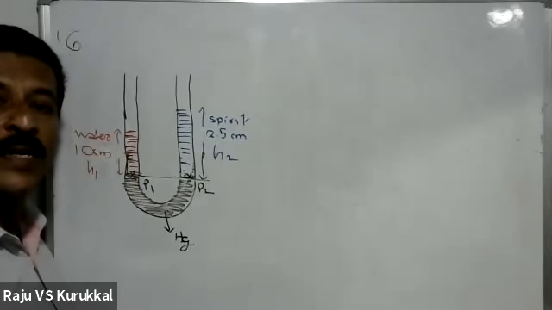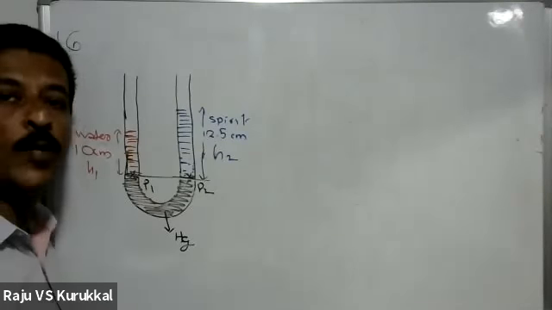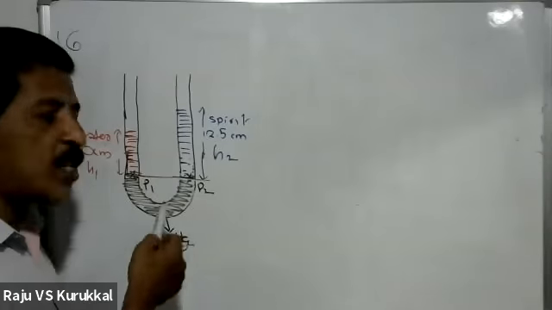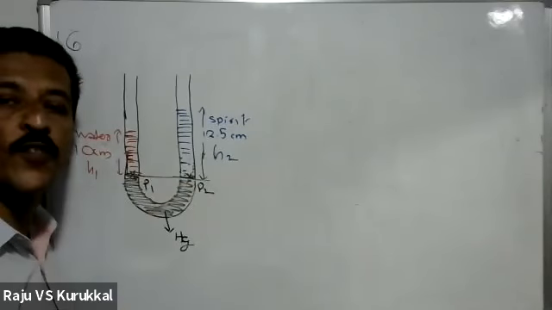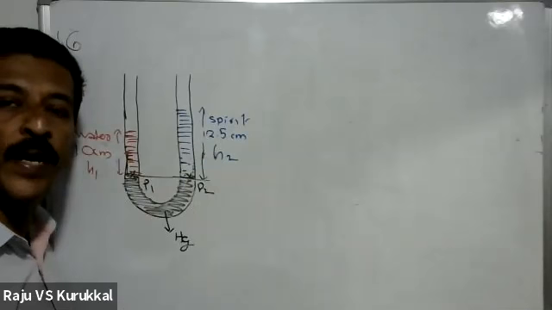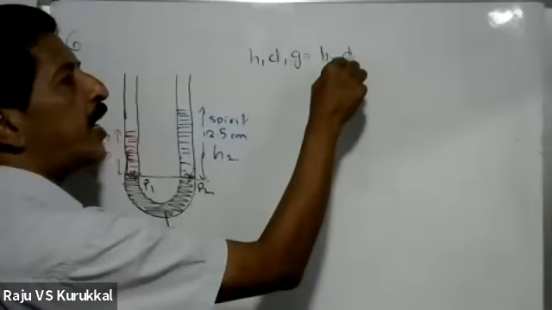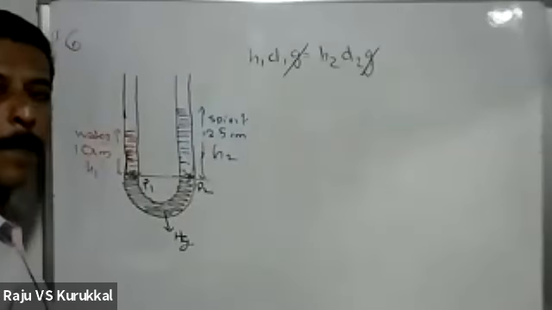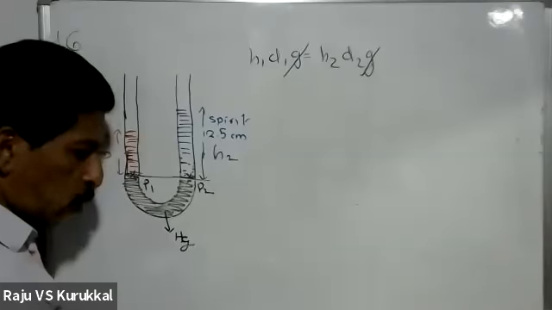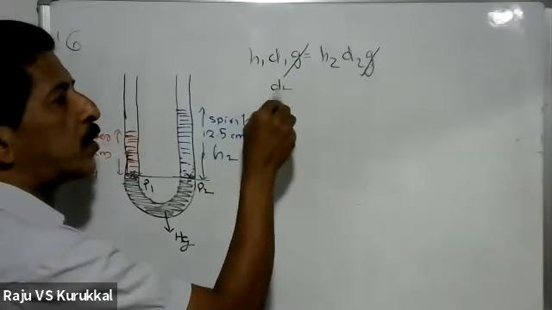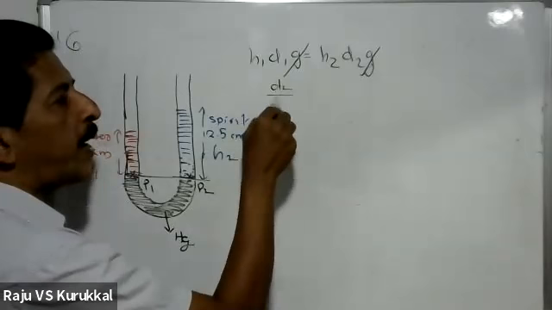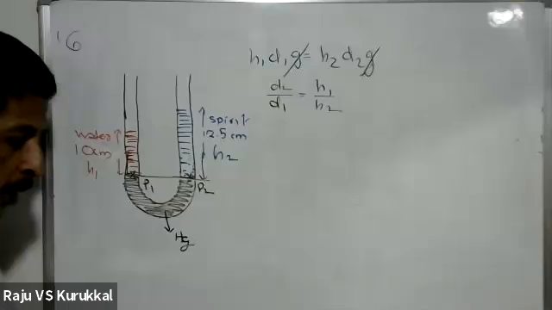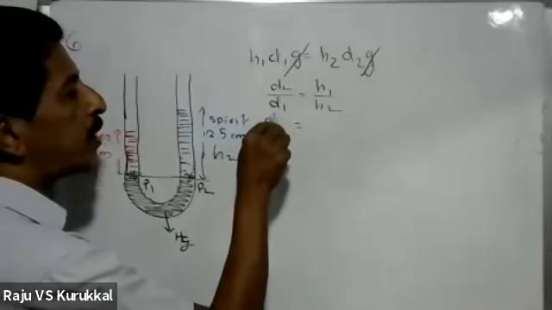H1 into density of the water column D1 into gravity, equals P2, which is H2, the height of the spirit column, into D2 into G. G cancels. Then what is D2 by D1? D2 by D1 equals H1 by H2, that is H1, 10 centimeter.